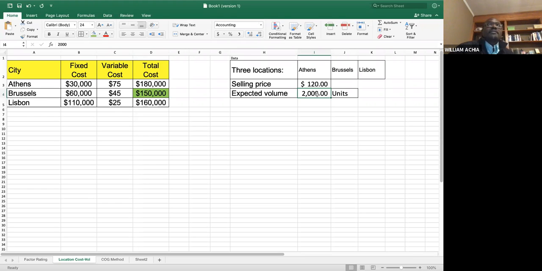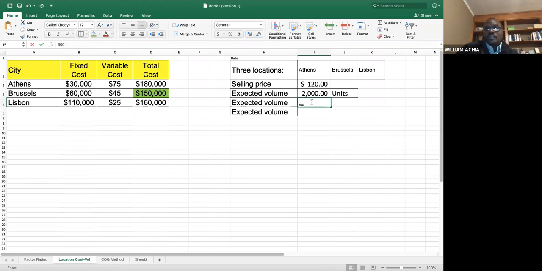So it might make sense for me to consider a location that can support the production of 2,000 units, but I want to add that what-if scenario to this analysis. What if my expected volume moved up from 2,000 to say 3,000 units or 5,000 units and so on?